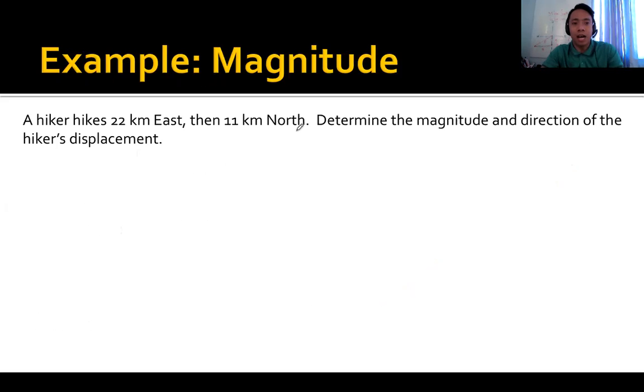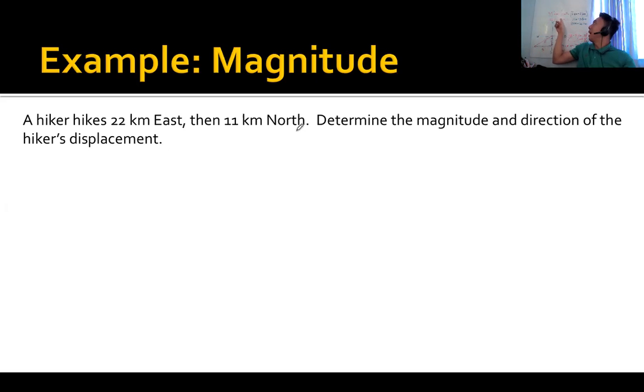A hiker hikes 22 kilometers east, then 11 kilometers north. Basically, if we are solving for vectors mathematically, we don't have any degree given, just like what we did here.